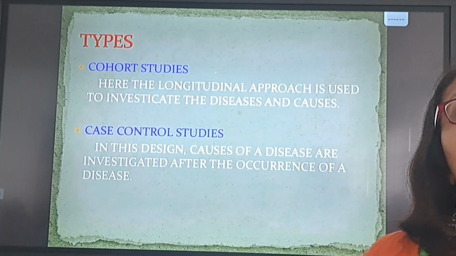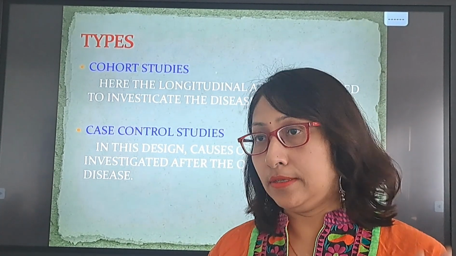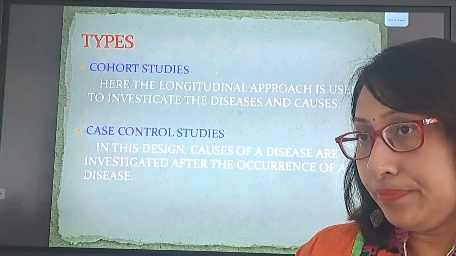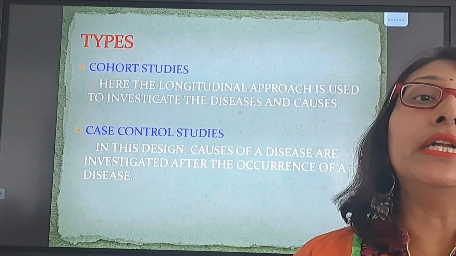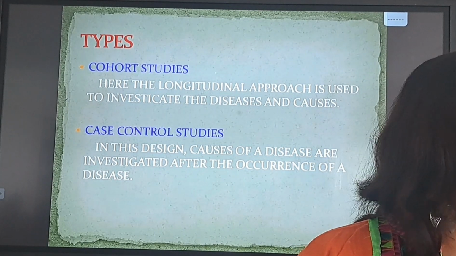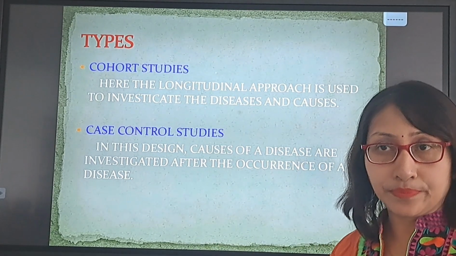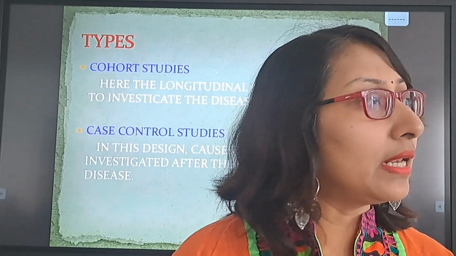No talking please. And those women who were born in maybe 1980. So for the women born in 1980, till they reach the age of 40 years, you have to keep continuing the study. That is what is called a longitudinal study, or you can also call it a cohort study. So you have to examine and assess each and every stage of their life.